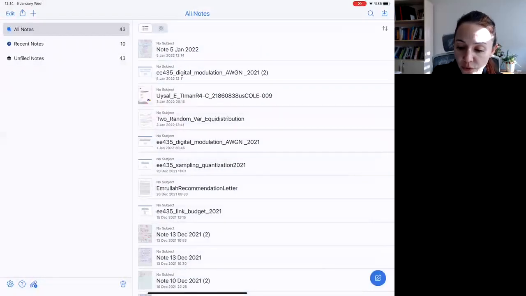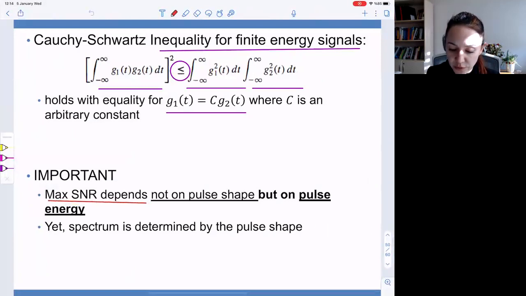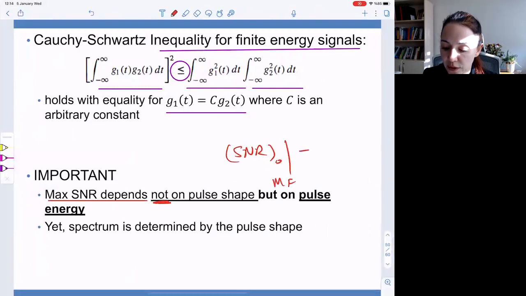Let's return to our lecture slides. So the maximum SNR we found depends not on the pulse shape, but on the pulse energy. SNR out with the matched filter is Es over N0 over 2.